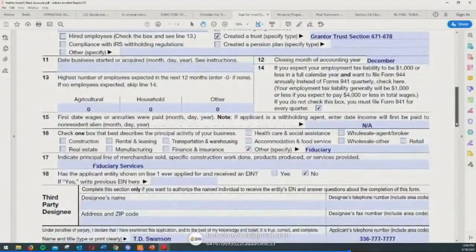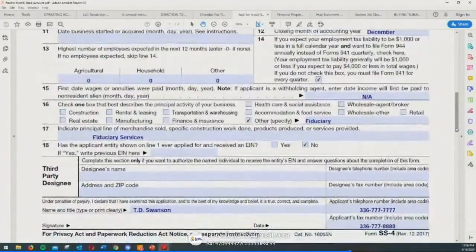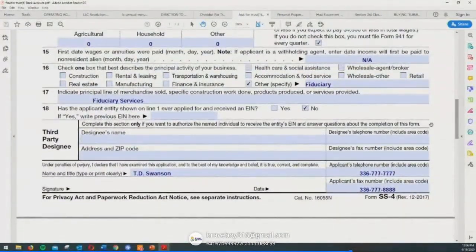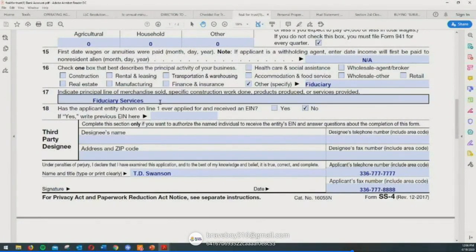Closing month of accounting year, be December. All the other stuff is non-applicable. And then you're going to put that basically you're forming this trust so that you can have fiduciary responsibility over the handling of that bank account. So you're going to put down here: for fiduciary services.